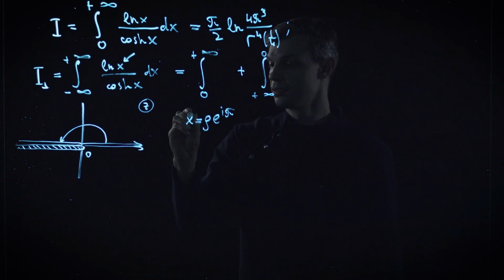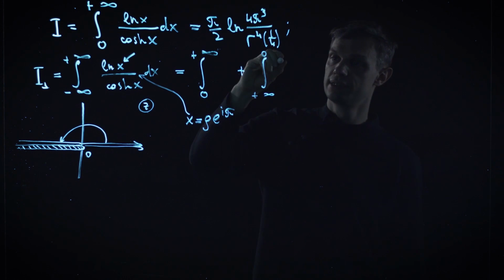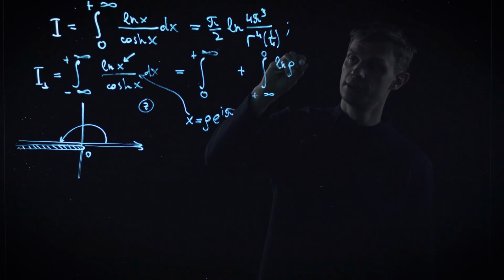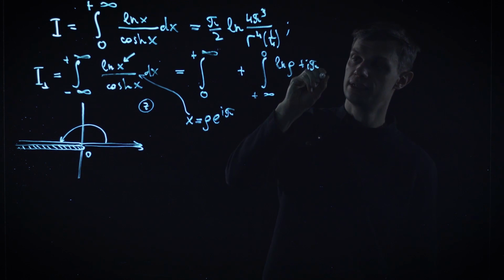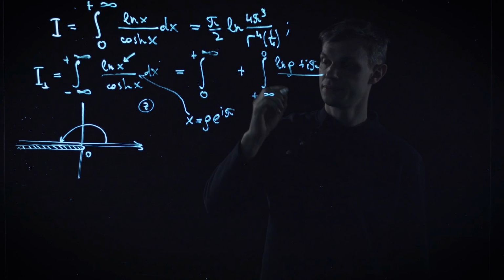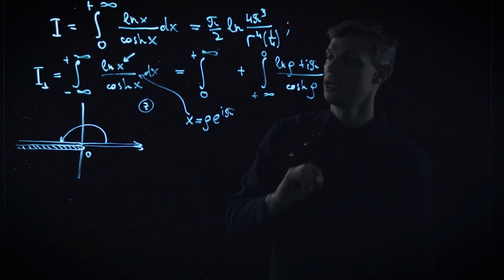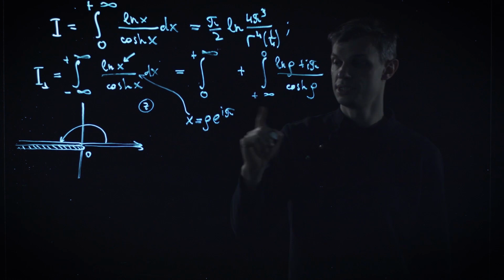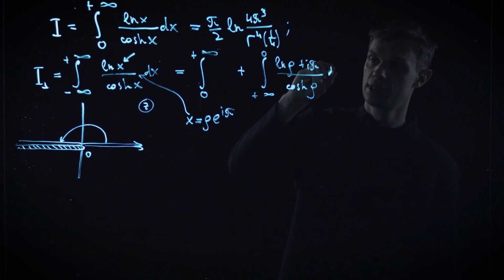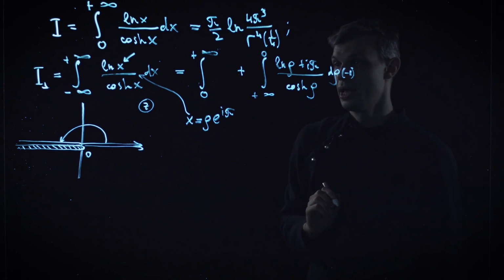We plug this decomposition into our original integral and get logarithm of rho plus I pi. The cosh is an even function, so here we just have cosh of rho again. And dx is turned into d rho with a minus sign.